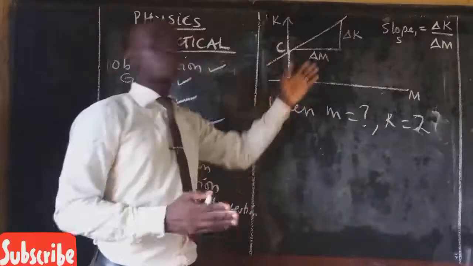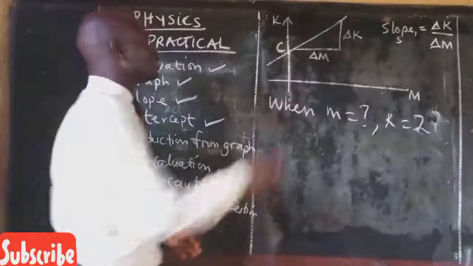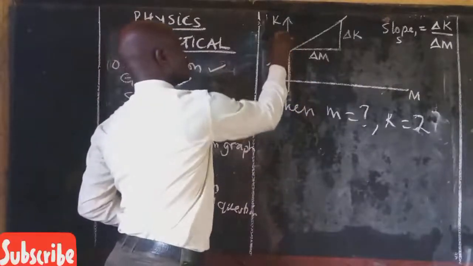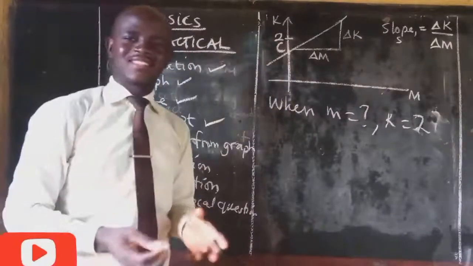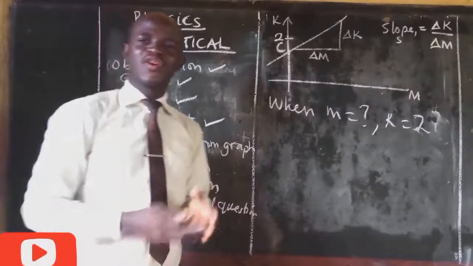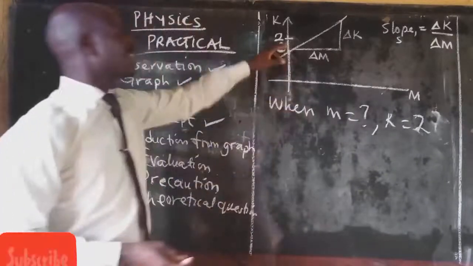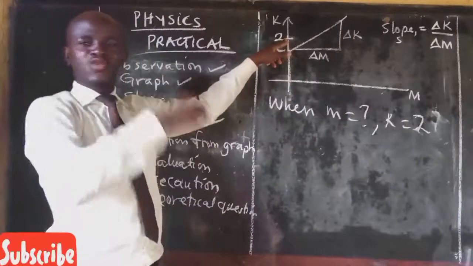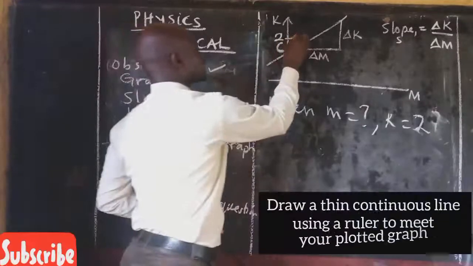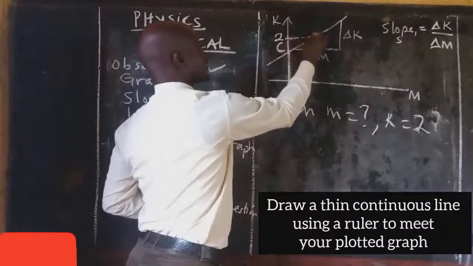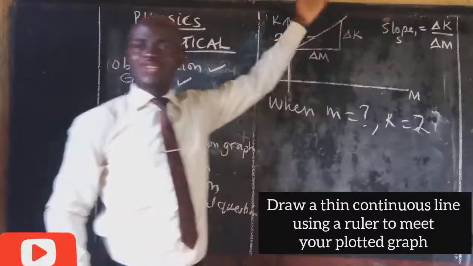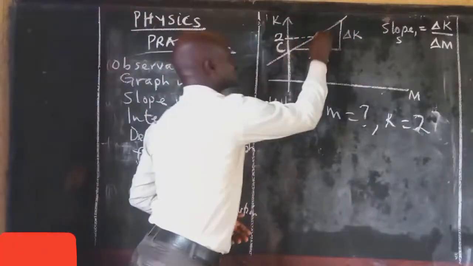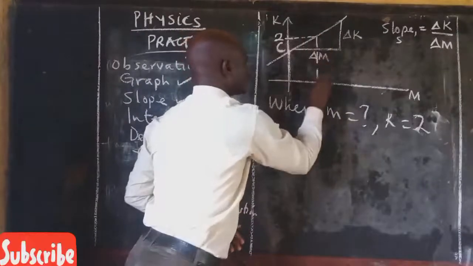You will just go to the graph that you have plotted. You will locate your 2 on the K axis. You will now come to where the 2 is. You draw a thin continuous line to meet your straight line graph, the graph that you have already plotted, and you trace it downward.